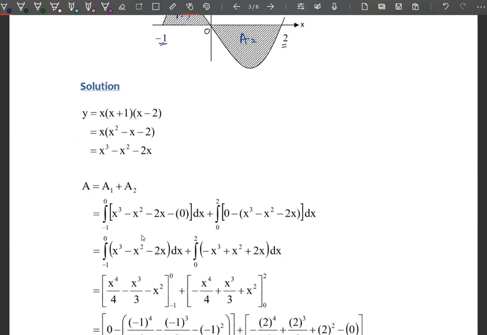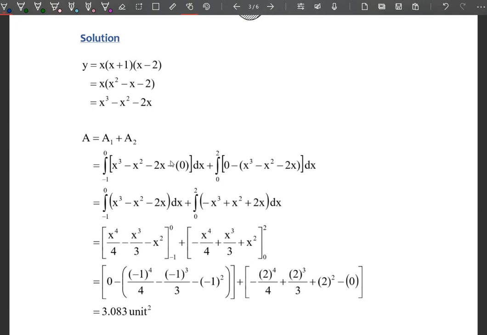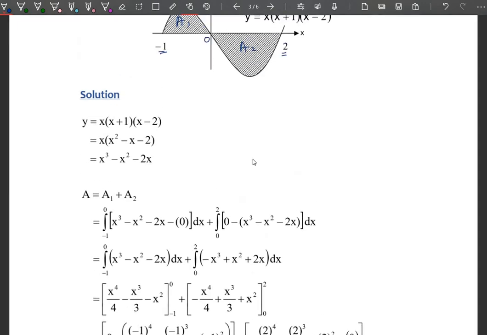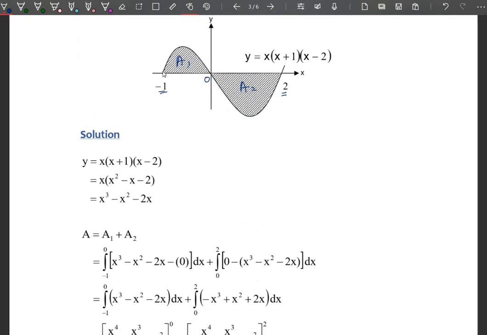Okay, next. So A is equal to A1 plus A2. For A1, the top curve is this one. Let me use a highlighter. This is the top. That means here the top is the curve x cubed minus x squared minus 2x.